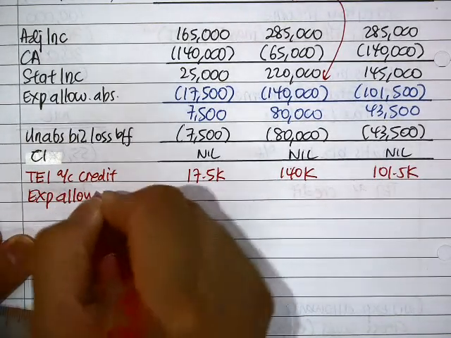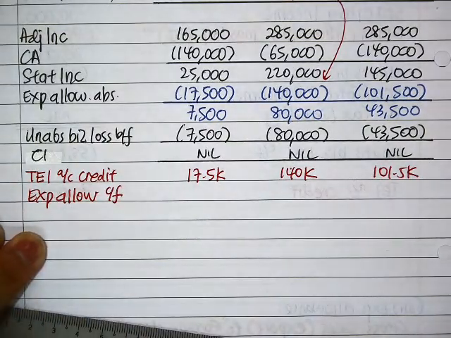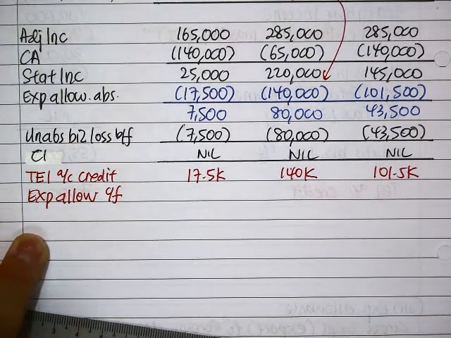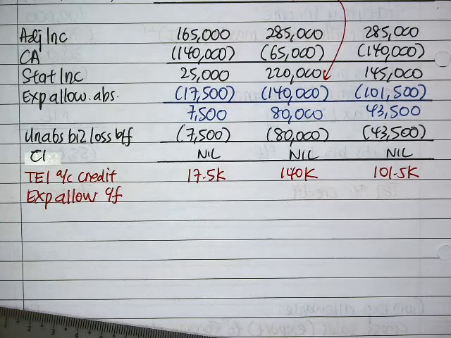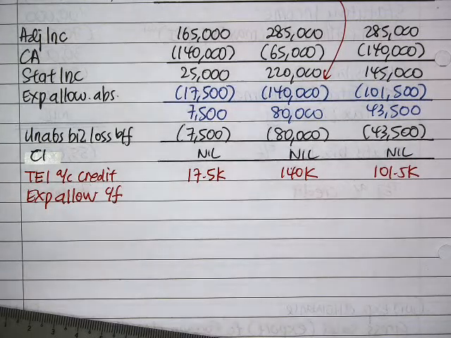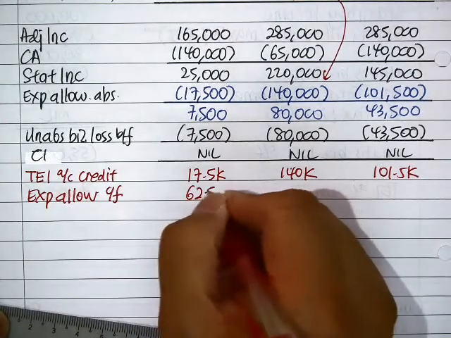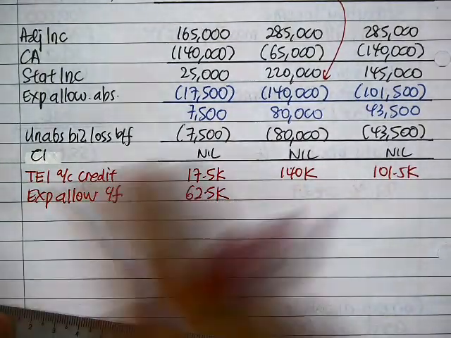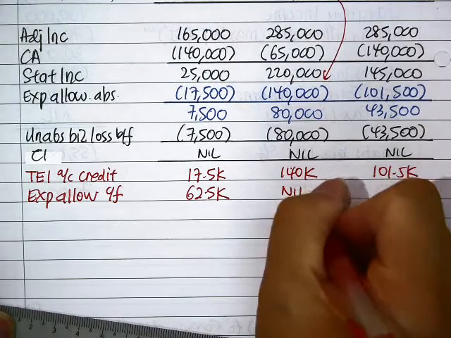Now your export allowance carry forward. Now item 7A, your allowance was 80,000. You only absorb 17.5. So you're going to have 62,005 carry forward. This one fully absorbed.